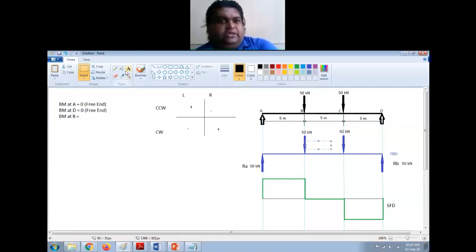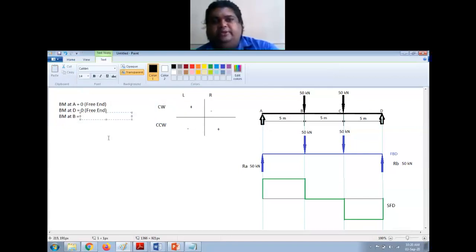So that should have been positive. I'll just swap these two. Okay, so left side clockwise, so that will be positive. So I'll just put this here, and the value will be equal to 50 kilonewton into 5 meters, right?